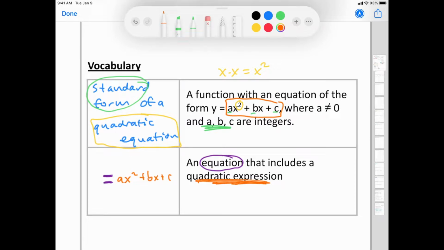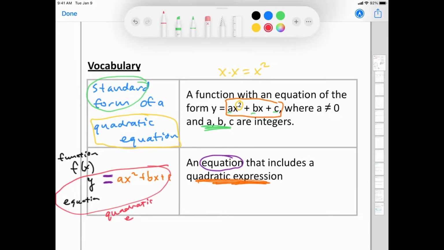An expression just basically means that there is no equal sign, but if you put an equal sign in front of it, that's an equation, and then you can change it to your favorite, such as y equals or f of x. If it's y equals, that's an equation, and if you do f of x, those are called functions. If I put this all together, this would be called a quadratic equation.